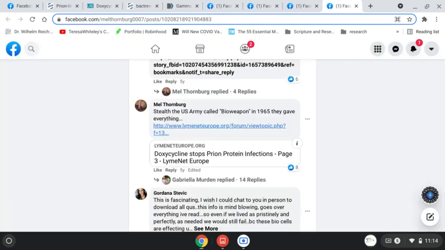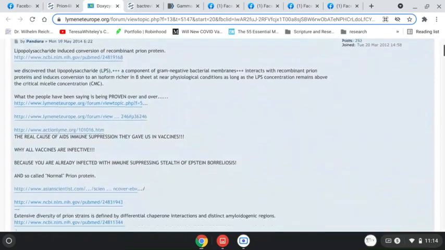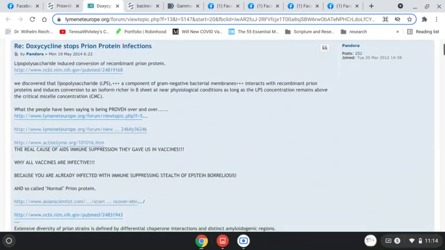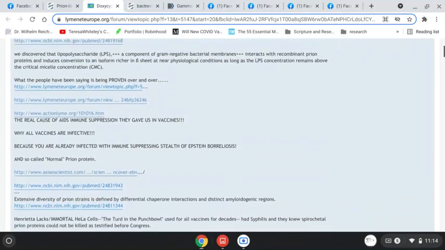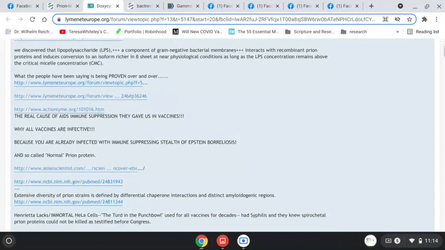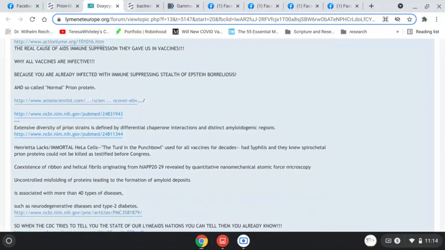So let's go here. Sorry. Okay. This page has so much information. The lipopolysaccharide-induced conversion of recombinant prion protein. The real cause of AIDS, immune suppression.